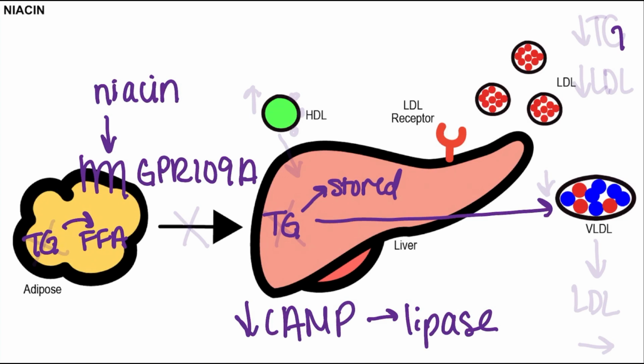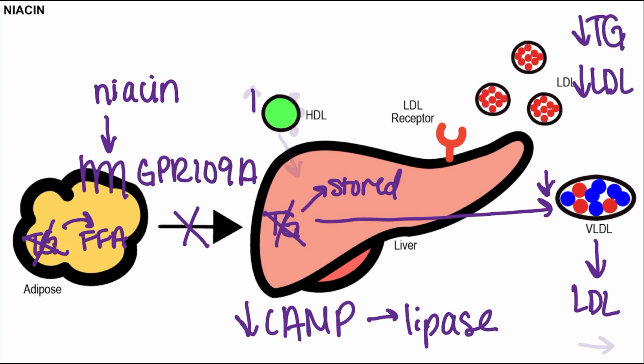Therefore, this triglyceride hydrolysis is prevented. Free fatty acids are not being shuttled to the liver. These triglycerides are not being made, and therefore there is a significant reduction in the amount of VLDL that's being packaged up and secreted by the liver into the peripheral circulation. And as a downstream effect, these VLDL particles cannot become LDL, and this leads to a significant reduction in triglycerides and LDL levels.